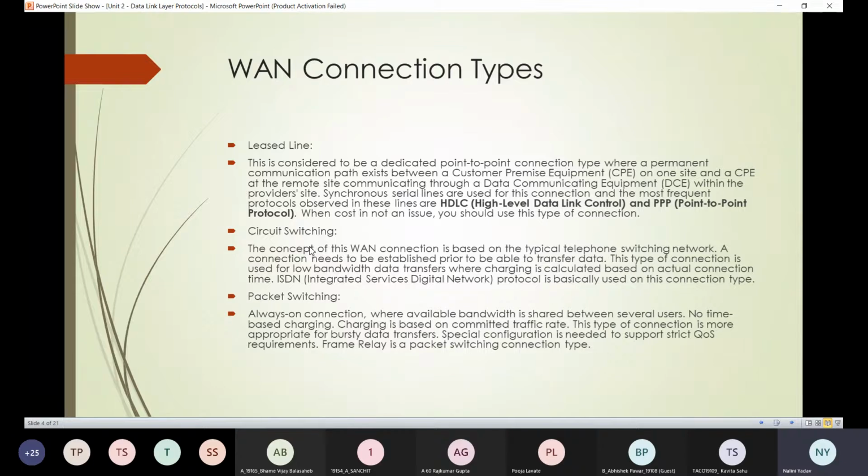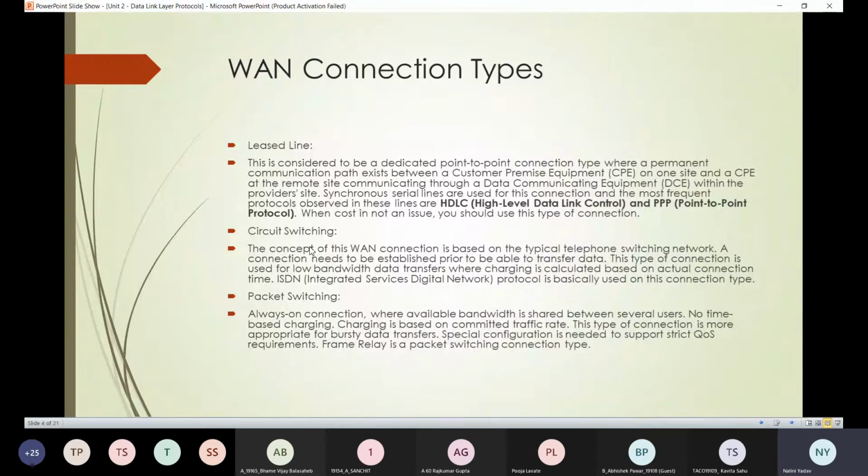Correct. So where these leased lines are installed, these leased lines are a permanent communication path between customer premise equipment, that is my CPE, from one side, and then the CPE at a remote site. Correct. So it is communicating through a data communication equipment, right?